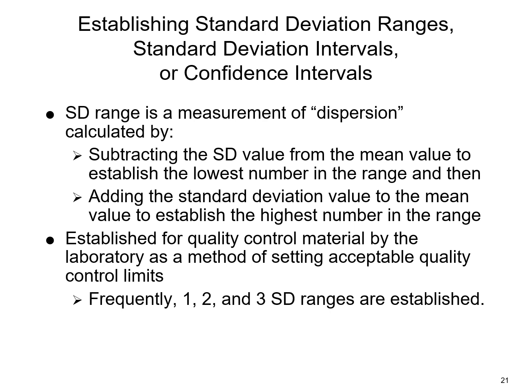To calculate those, like we just did on the last slide, you have your mean and then you subtract the standard deviation to get your lower limit, or you add to get your upper limit. We can do this for 1 standard deviation, 2 standard deviations, and 3 standard deviations.